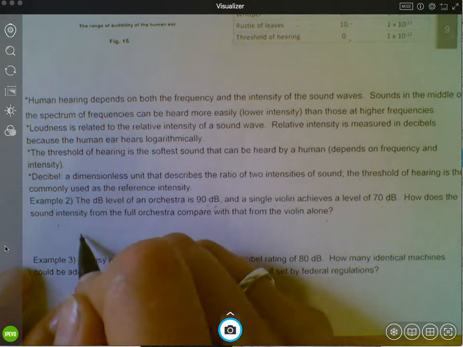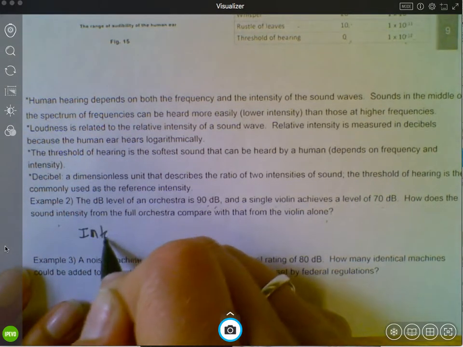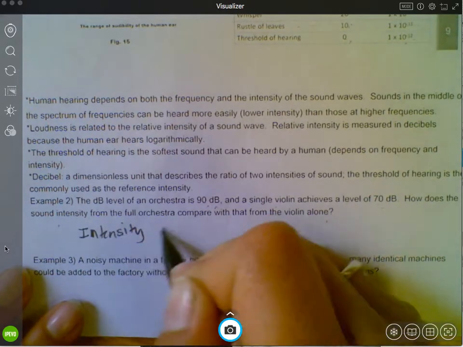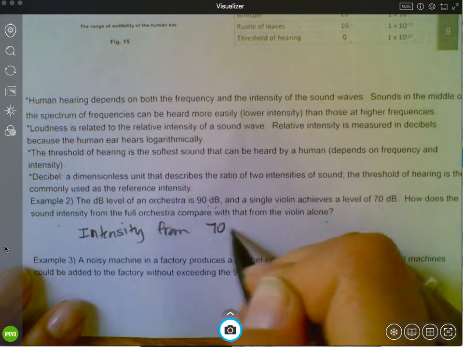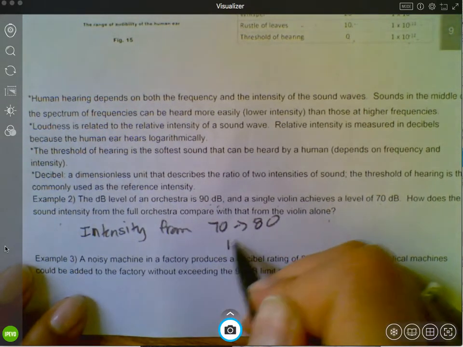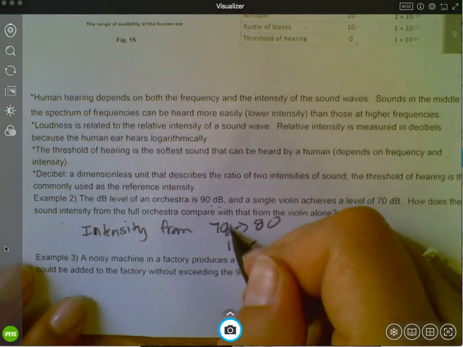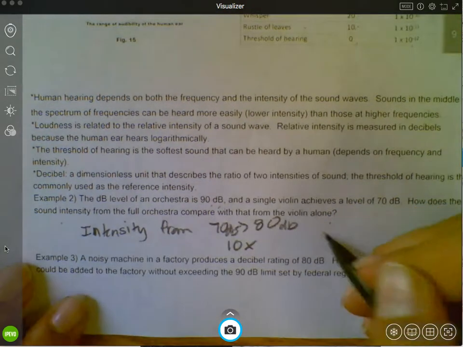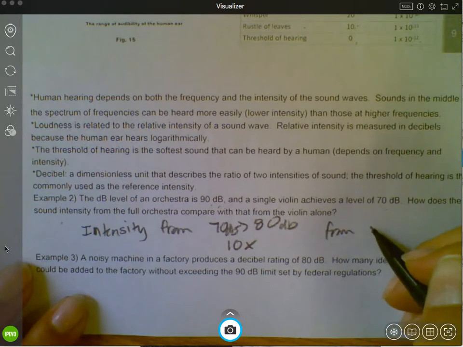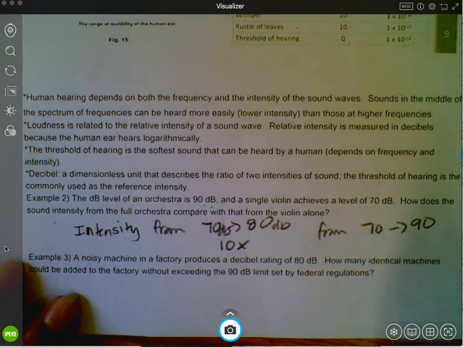So the intensity from 70 to 80 would be 10 times greater. Okay? Decibels. From 70 to 90 is not 20 times greater.